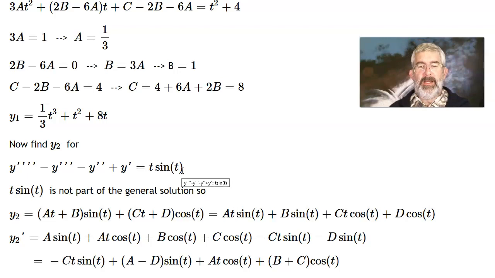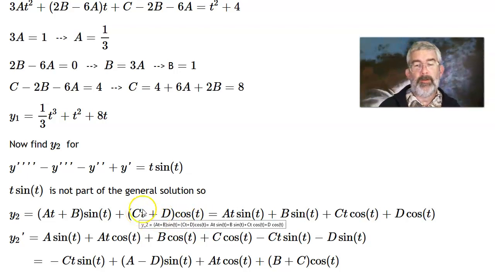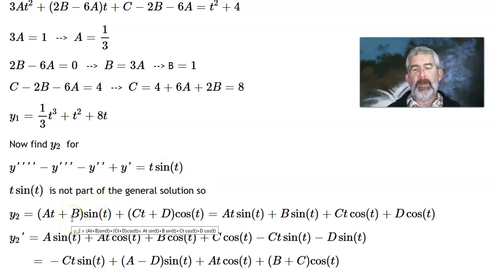If you take a look in the text, back when we were doing this for second order differential equations, they gave a table of if your function looks like this, here's what you should guess. So when you had a polynomial times sine or cosine, what you needed was the general polynomial of the same type.